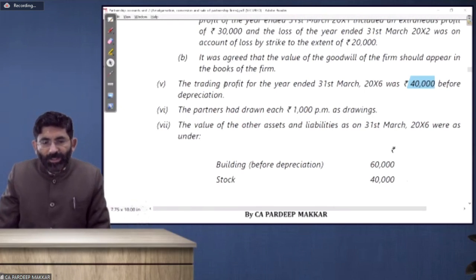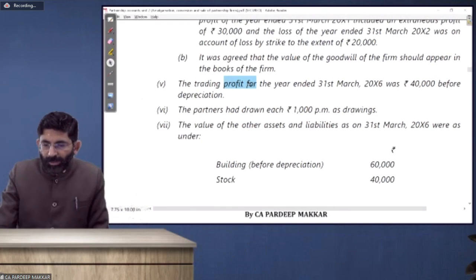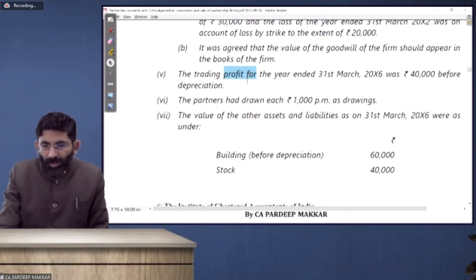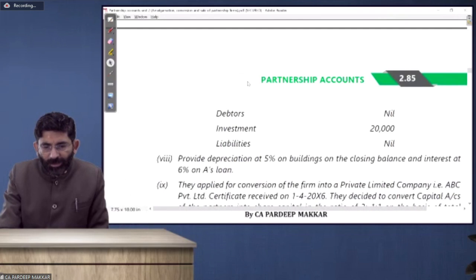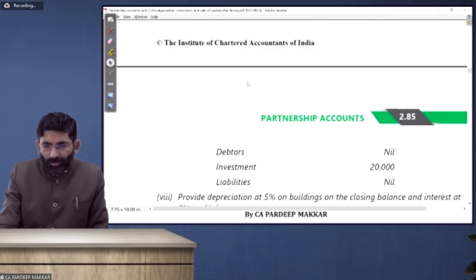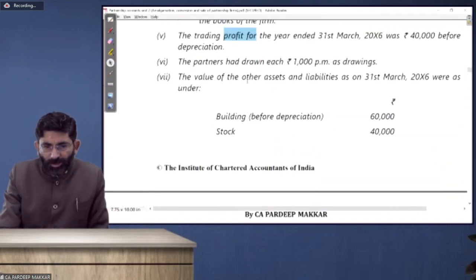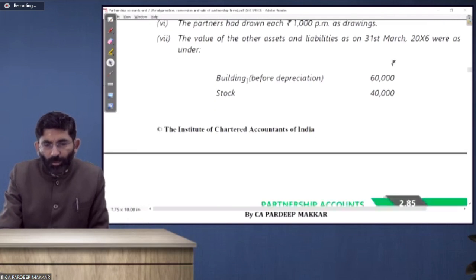So this is a trading profit. Whatever business we have done, accordingly we have earned it. 40,000 rupees is the trading profit. Get the profit after making all adjustments. Fast, do it. This is trading profit for the year 40,000 before depreciation.